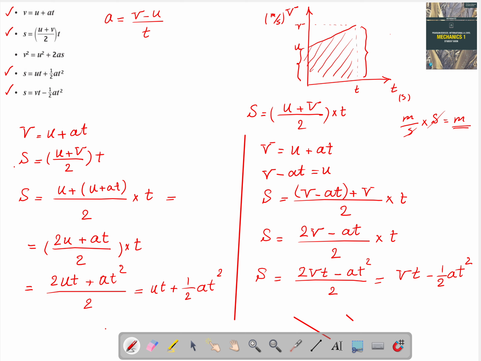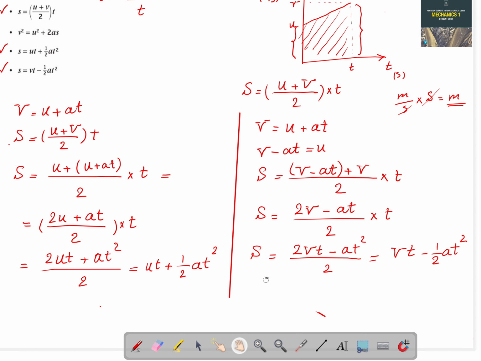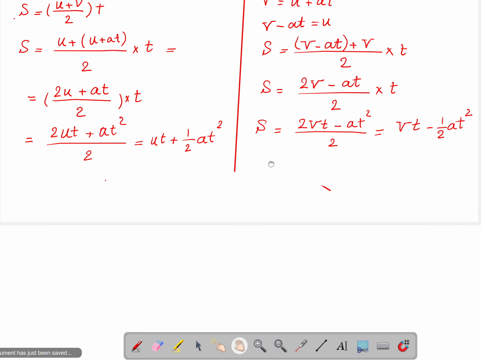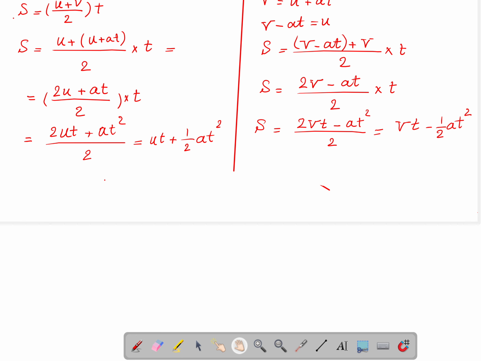Okay, to do that, let me clean these parts. And okay, let's write it here. Okay, so we have the formula v equals at plus u, the first formula, and s equals u plus v divided by 2 multiplied by t.